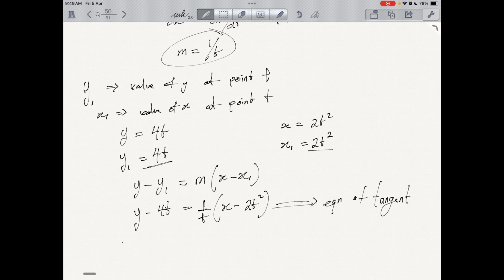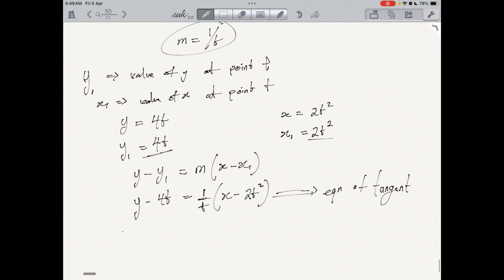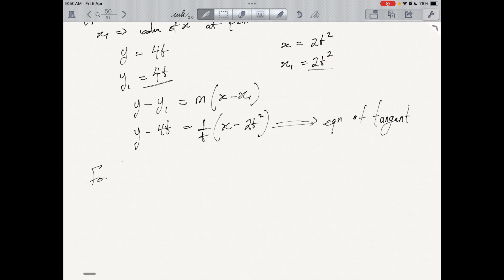We can also evaluate the equation of normal. So we recall that for normal, y minus y1 is equal to minus 1 over m of x minus x1. So let's substitute.